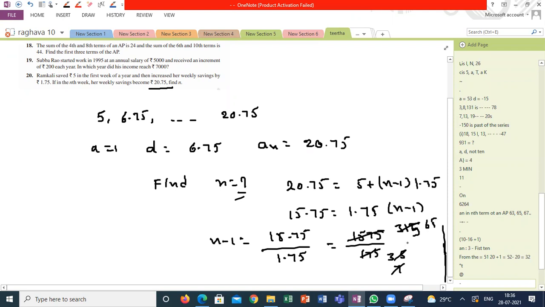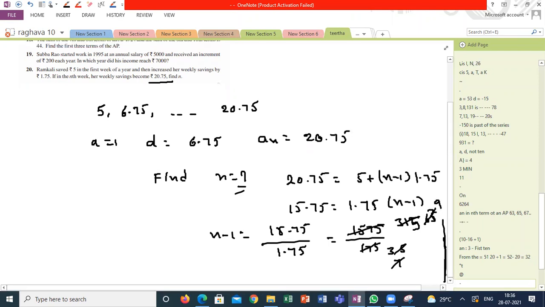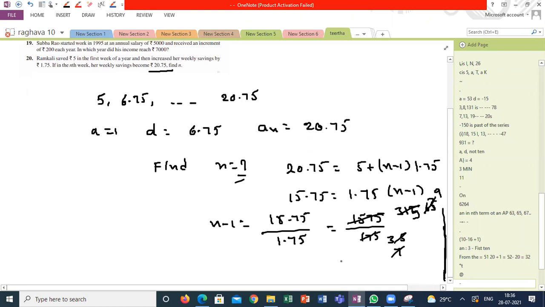What is the answer, guys? Sir, 175 into 9 gives 1575. So n minus 1 is 9.